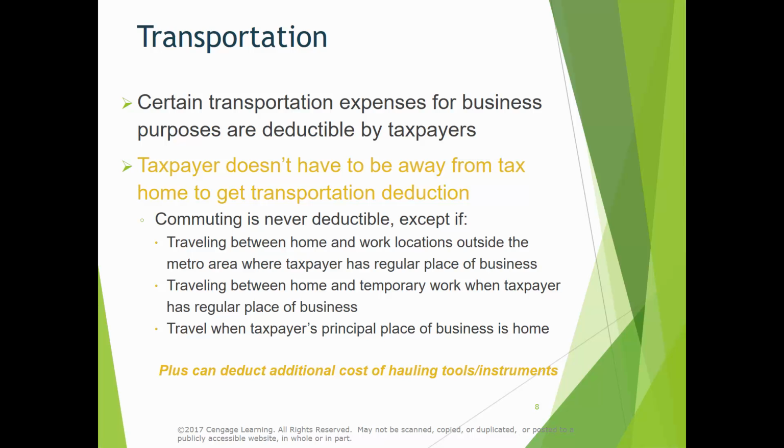Now, it's never deductible except if, and we just gave that example, traveling between home and work outside of my normal metro area, like the Bel Air to Laguna example, where a taxpayer has a regular place of business. Or I'm traveling between home and a temporary work site when I have a regular place of business. So I'm a construction engineer for Jackson.